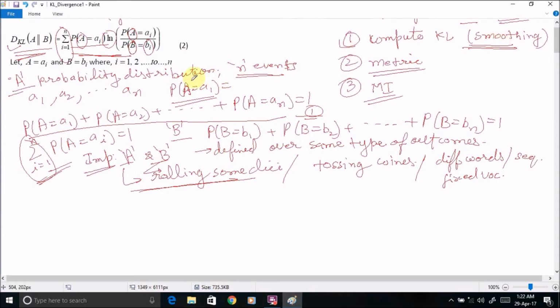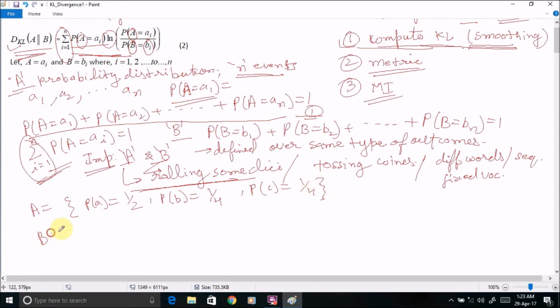Now we will explain the KL divergence through a simple example and also explain the cases of smoothing. Suppose we have two probability distributions obtained from the same type of outcomes. For example, the first event PA is 1 by 2, second event PB is equal to 1 by 4, third event PC is equal to 1 by 4.